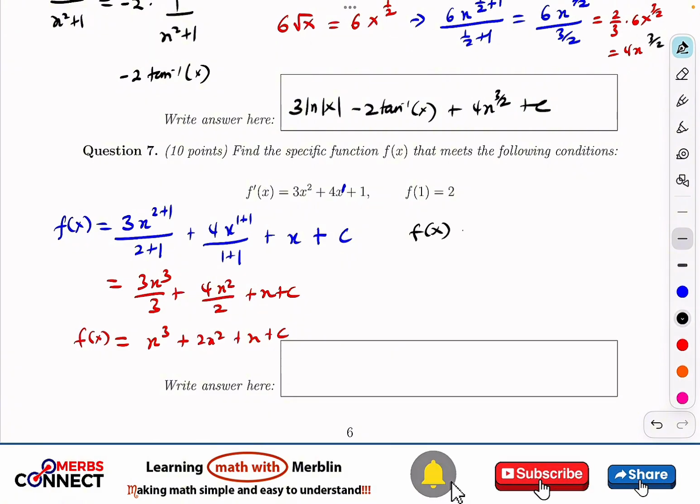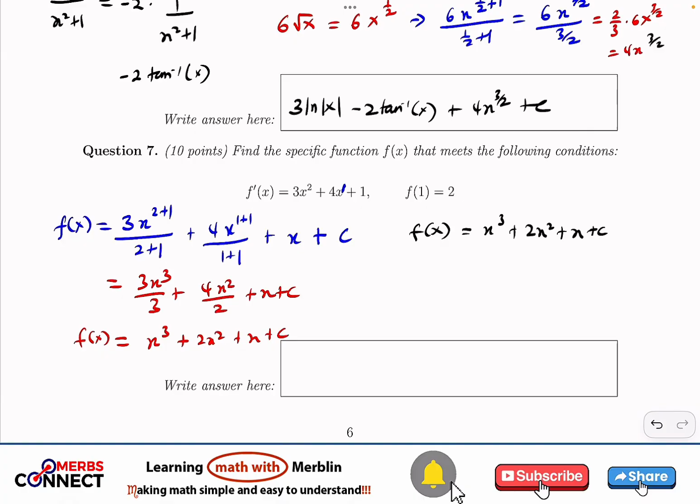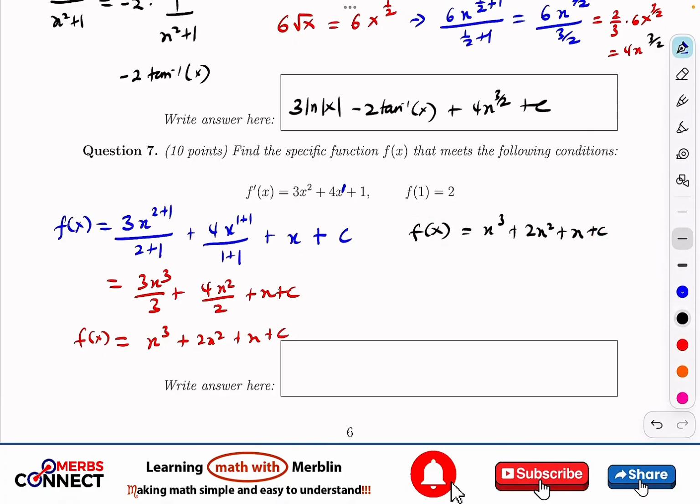We've gotten f of x is equal to x to the power 3 plus 2x squared plus x plus c. Now we have the initial condition here to help us to find the constant. So now let's go. Now compare this to this. We can see that x is equal to 1. So when x is equal to 1, we have 1 to the power 3 is 1. Now 1 to the power 2 is still 1, plus 1 plus c.